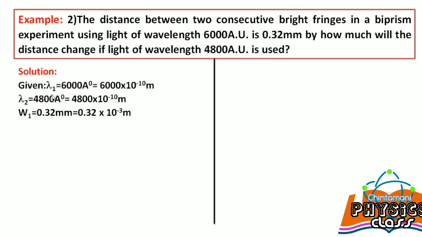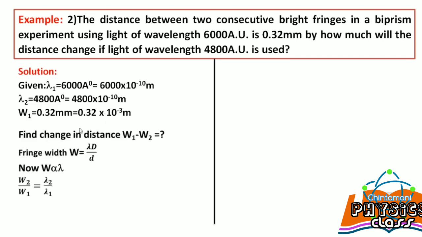Now given, lambda 1 is 6000 angstrom unit, converted into meter, 6000 into 10 raised to minus 10 meter. Lambda 2 is 4800 into 10 raised to minus 10 meter. The width W1 is equal to 0.32 mm, converted into meter, 0.32 into 10 raised to minus 3 meter. And then find the change in distance, that means W1 minus W2 is equal to question mark.